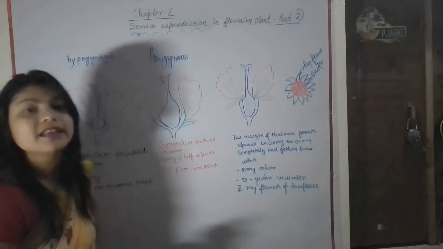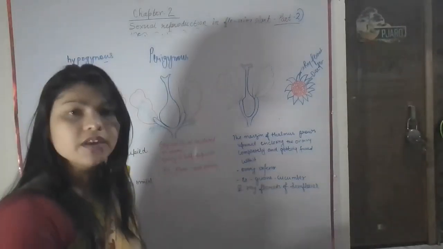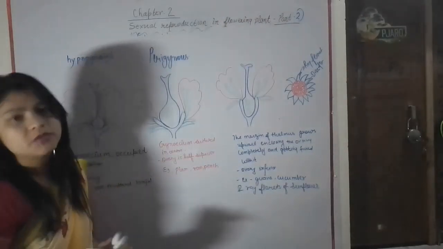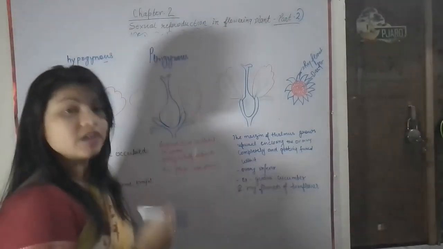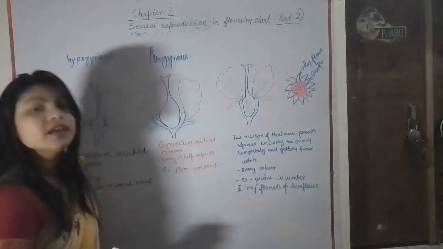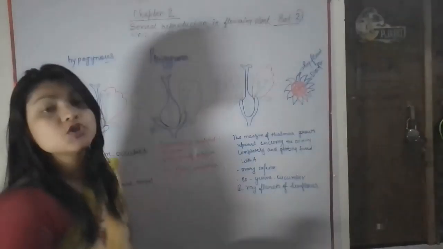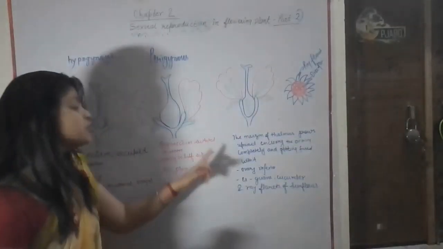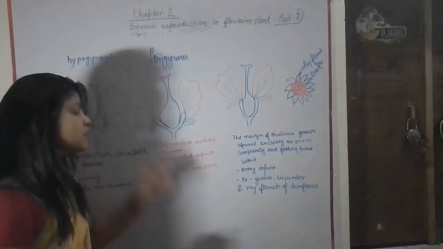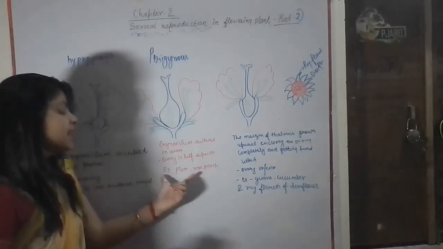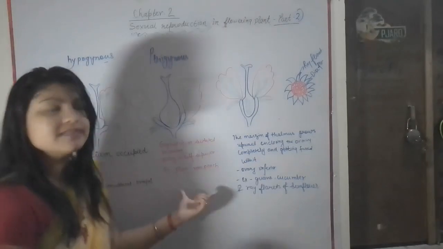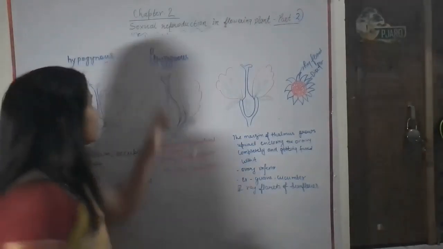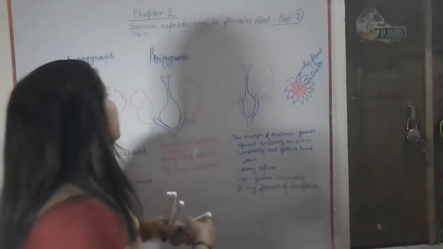We can also use the terms half superior and half inferior together. So here the condition of the ovary is half superior. The next examples you can see are plum, rose and peach, which are examples of the perigynous condition of the flower.